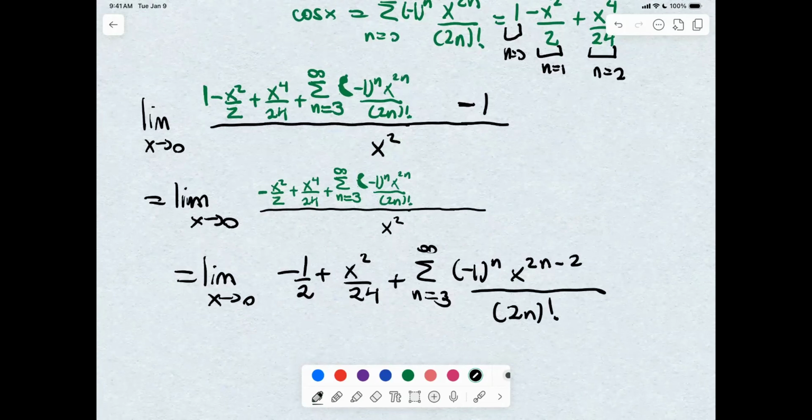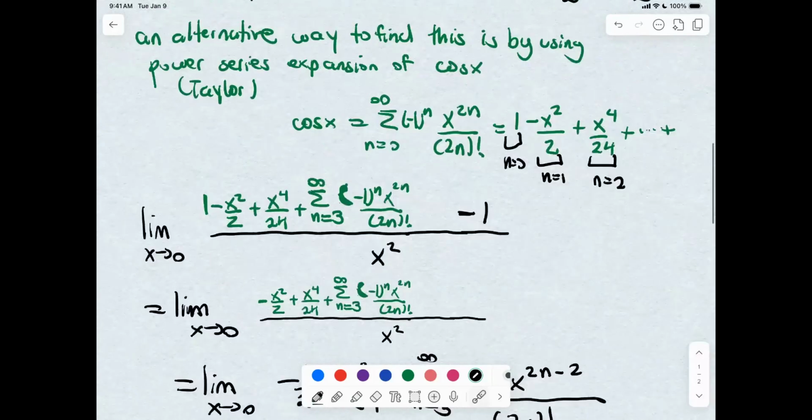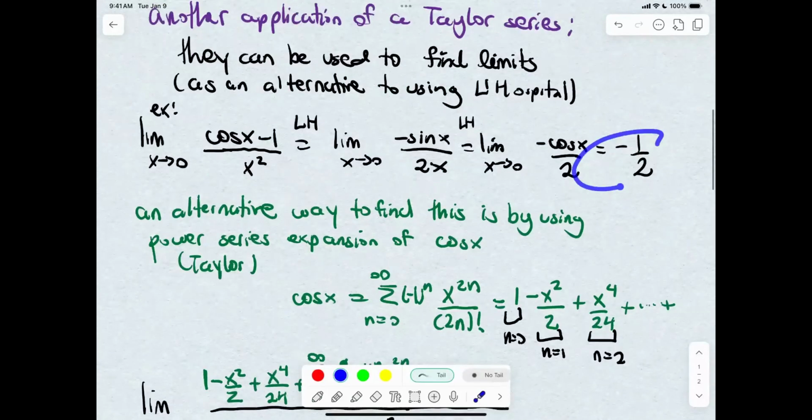And then, which is something nice of the Taylor series expanded perspective, because it gives you more information about how the numbers are behaving as you get towards 0. So if you use L'Hopital's rule, yeah, you just get -1/2, but you don't know as you get closer to 0 how close you are to -1/2.